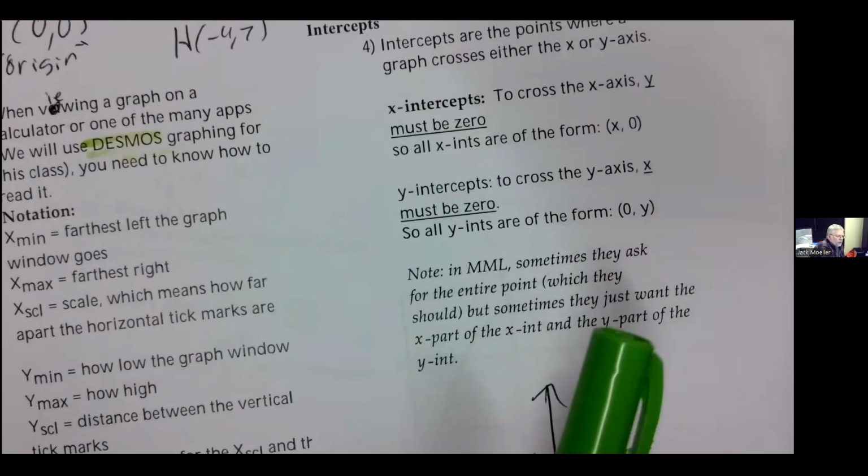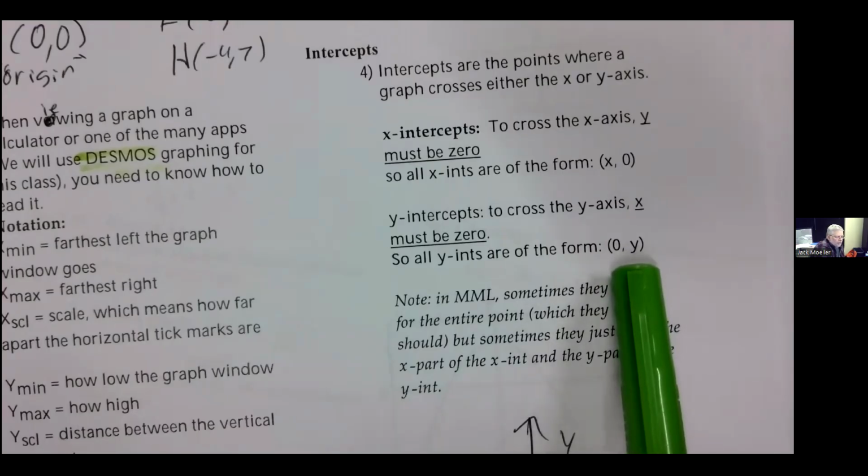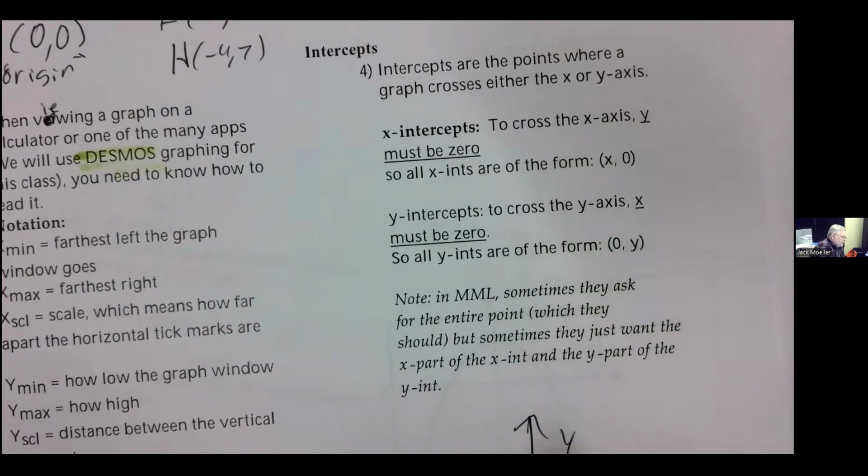But just make sure you're watching the instructions in MyMathLab. If they say as an ordered pair, that's the fancy word for point. So make sure you're putting them as points. If they don't mention ordered pair, then they probably just want the x value or the y value, depending on which intercept you're talking about. So, MyMathLab's not always consistent on that. So just make sure you're reading the instructions.